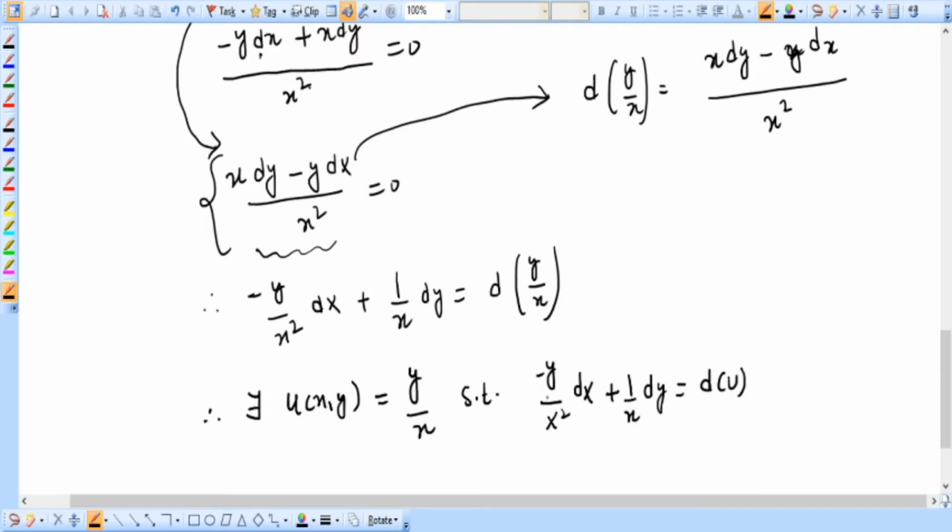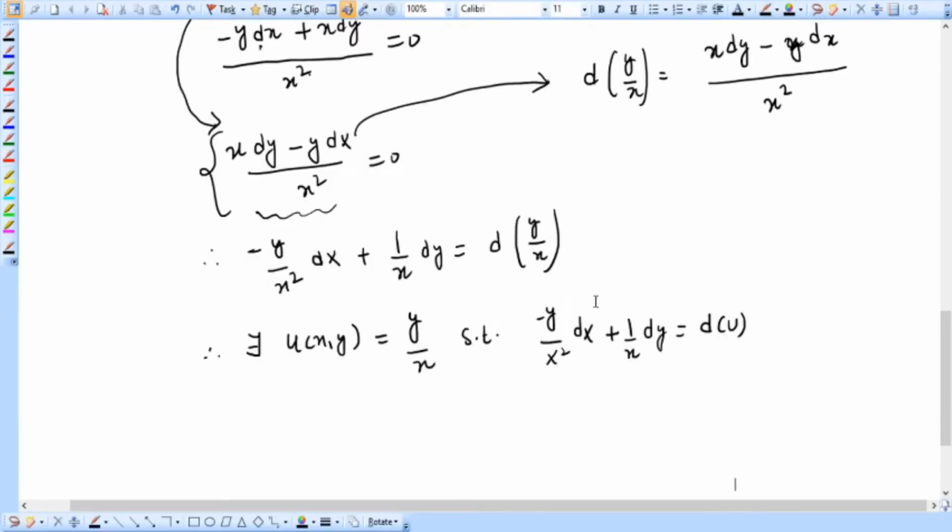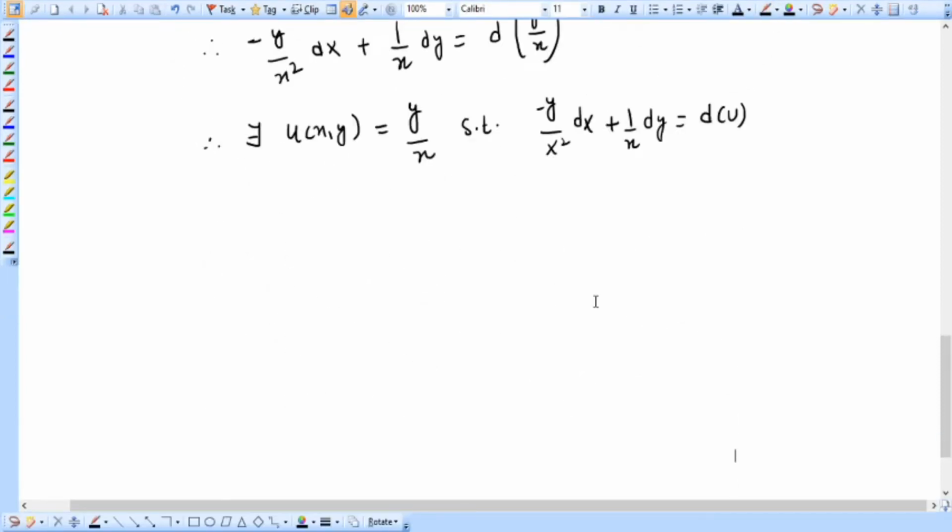This is the u, right? So we are able to find a function u such that M dx plus N dy is equal to du. Therefore this equation is also exact, right?